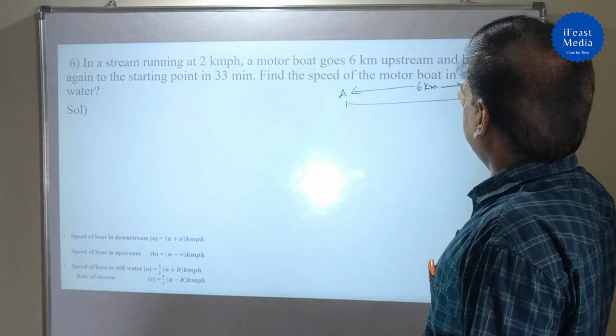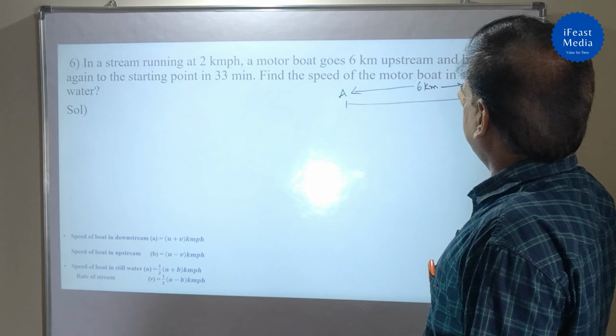In a stream running at 2 kmph, that means the speed of the stream is given, it is always denoted by V. A motor boat goes 6 kilometers upstream and comes back in 33 minutes. That means again T1 plus T2 is given as 33 minutes, 33 by 60 hours. What is T1?